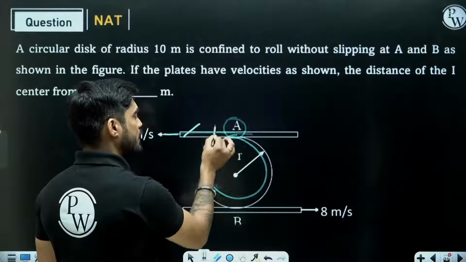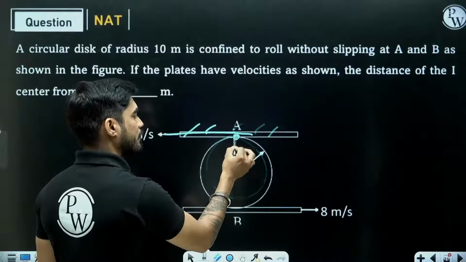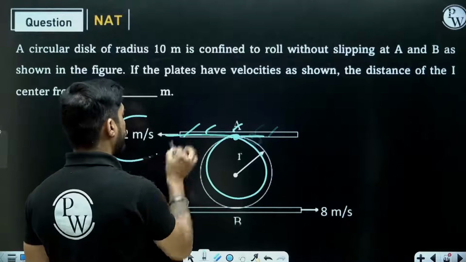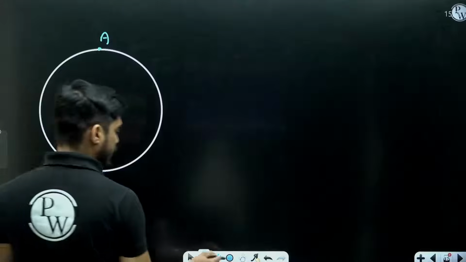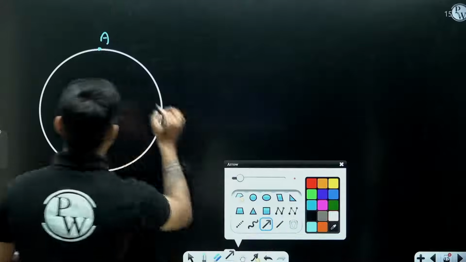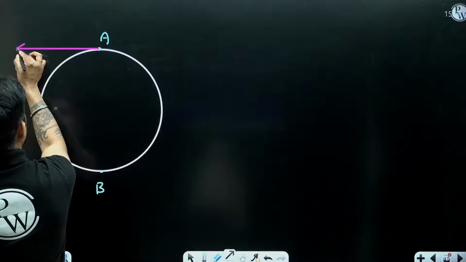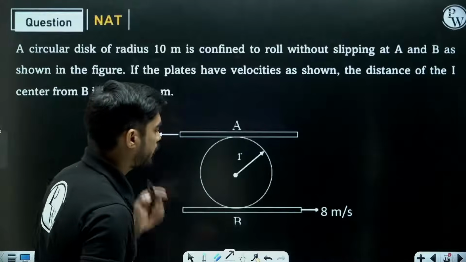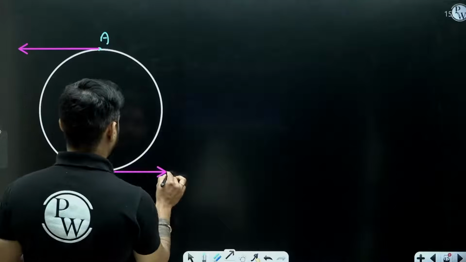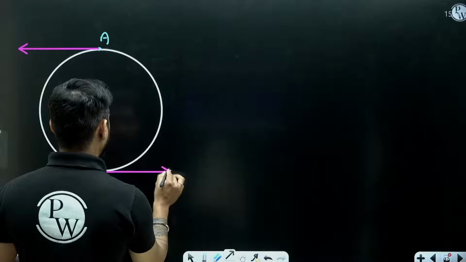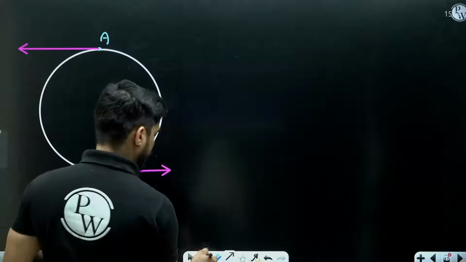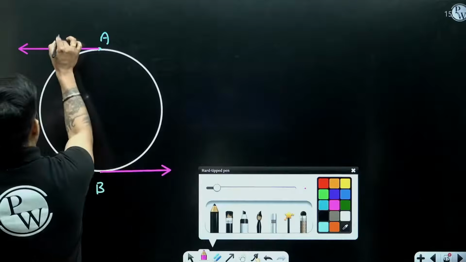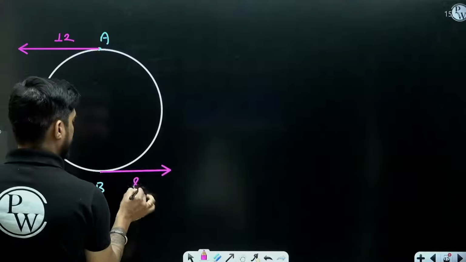If the plate is fixed, then the velocity will be 0. But if the plate is moving at 12 meter per second, the velocity of point A on the wheel will be 12 meter per second. Similarly, the velocity of B on wheel will be 8 meter per second. So I have drawn a line equal to 12 meter per second here. This is 12 and this is 8.